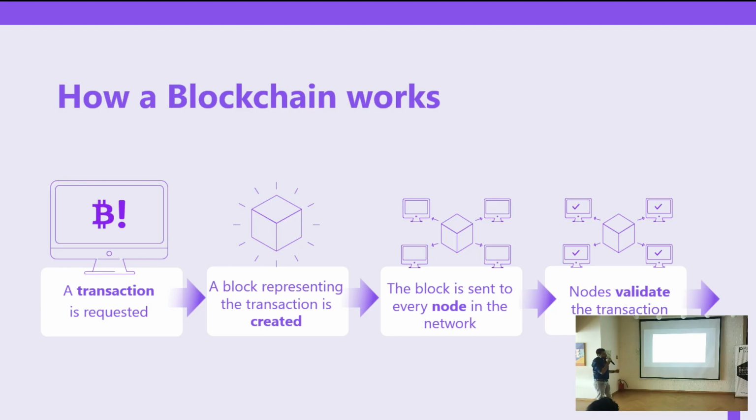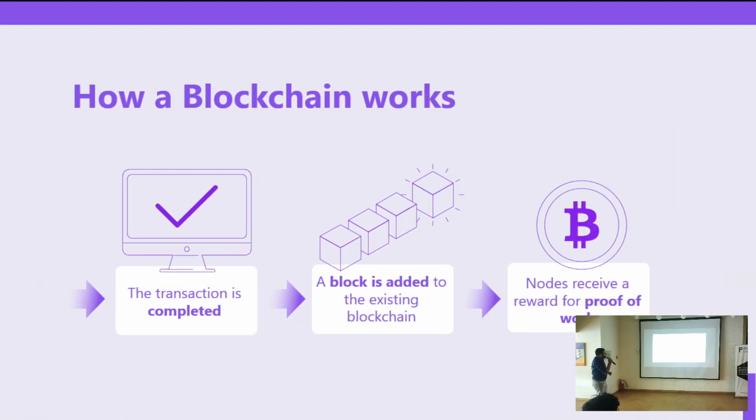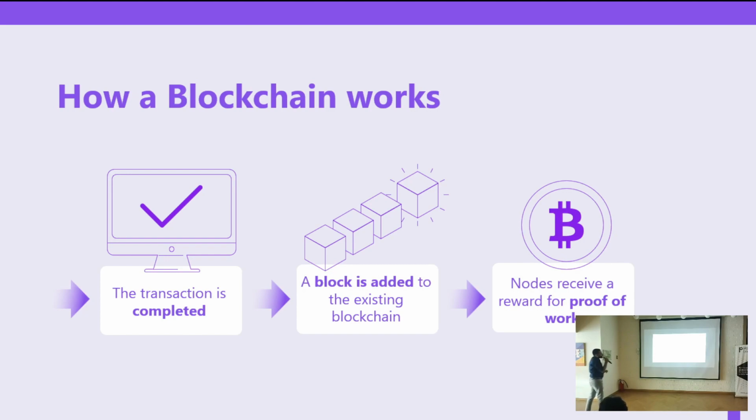Nodes validate it. Next. The transaction is completed and the block is added to the existing chain. So this is basically how blockchain works, and I'm assuming that you understand how the technology works, so I'll not spend a lot of time. Let's move on. Next slide.